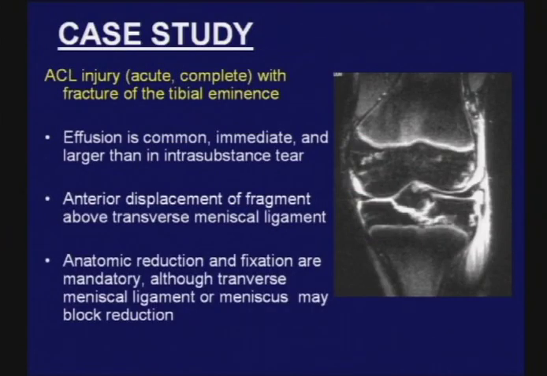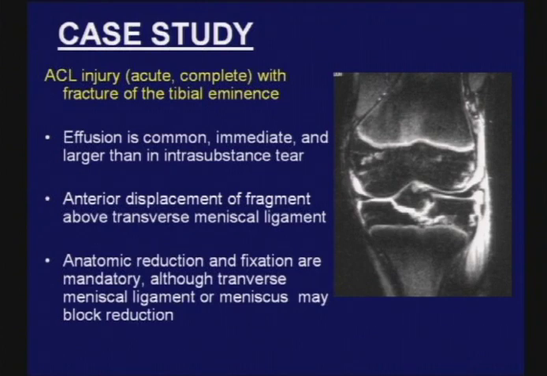So let's take a second case study of an ACL injury, which is acute and complete, related to a fracture of the intercondylar eminence. This is a fracture which I indicated to you, although not osteochondral at its origin, may extend over and become osteochondral on medial and lateral sides. And so these patients develop hemarthroses, and that produces an immediate joint effusion.